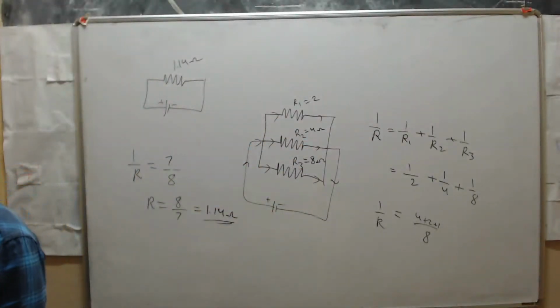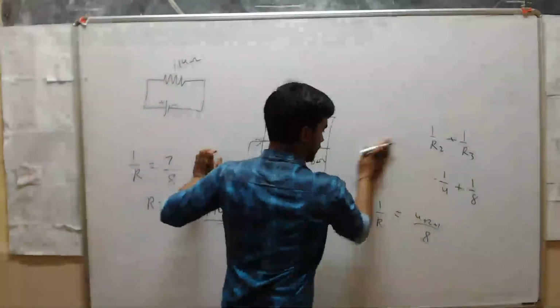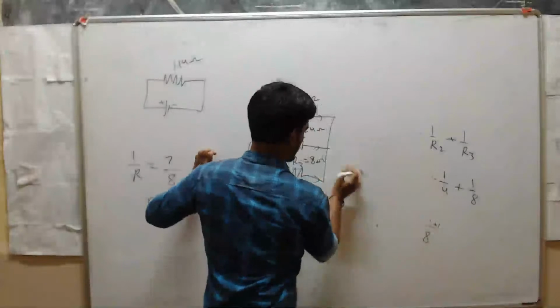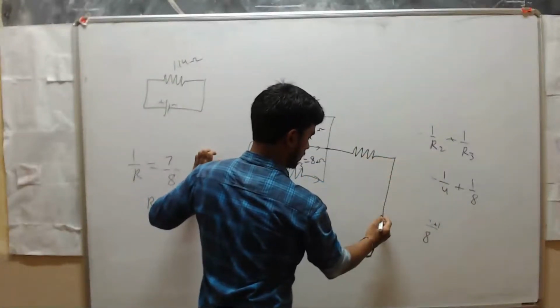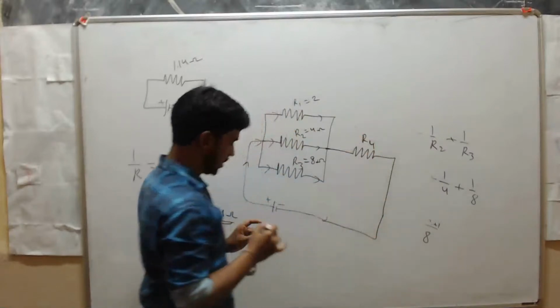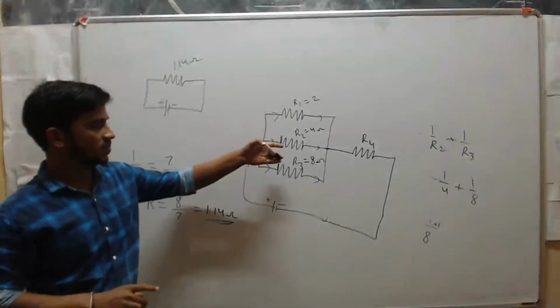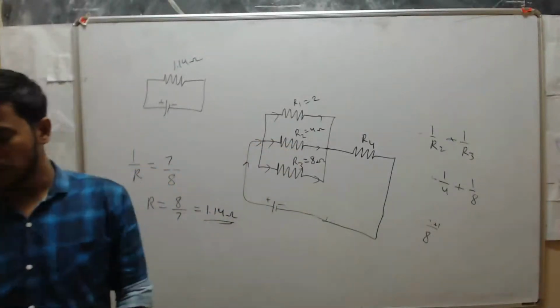Suppose here you have a circuit like this. I call this R4. Now tell me whether this is a parallel circuit or series circuit. Just put it in the comment box.